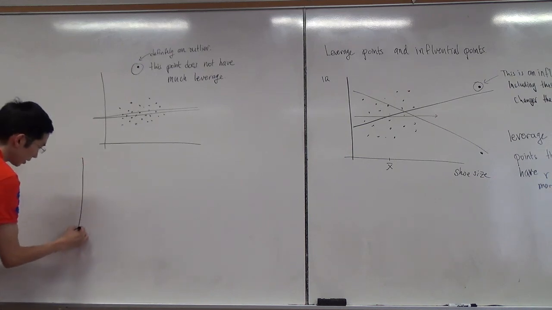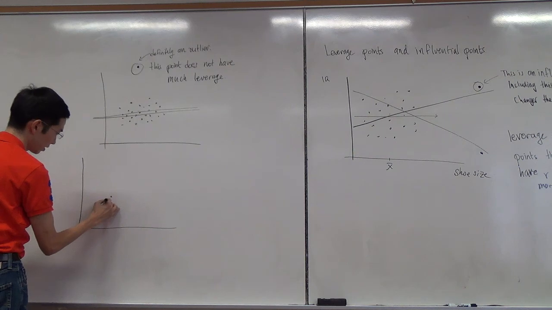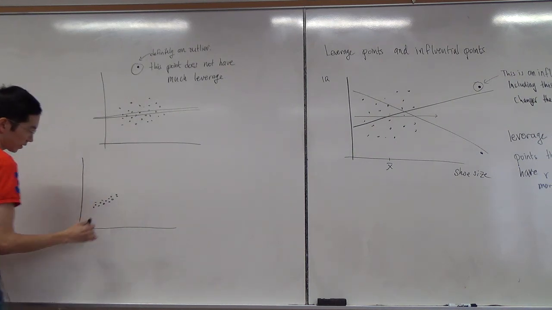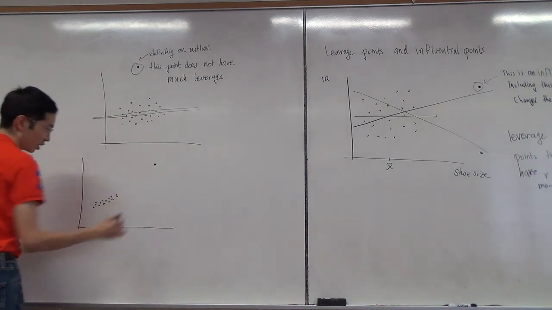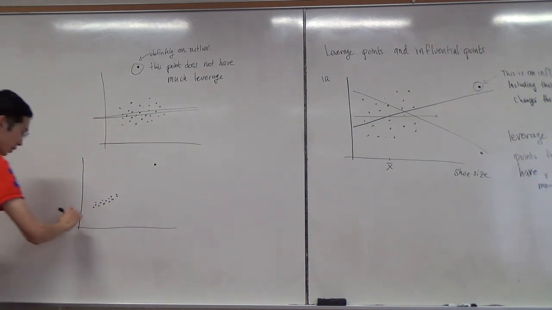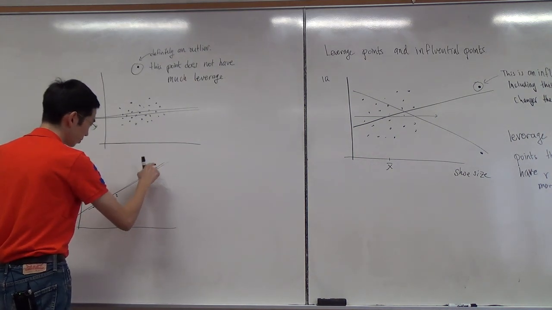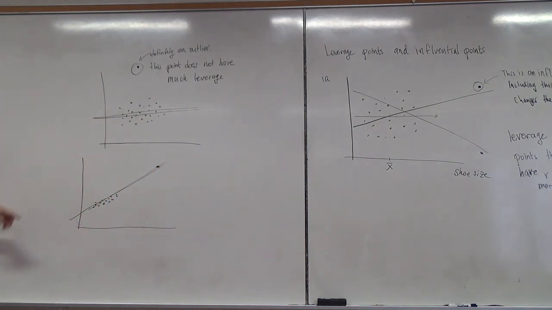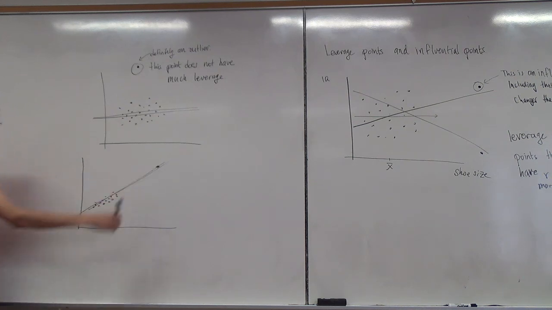And then you might have a regression that looks like this. It looks like there's definitely a pattern over here, and then you have a point right there. It might seem like, oh, this is great, because the pattern that we established down here seems to be confirmed by this point out here.